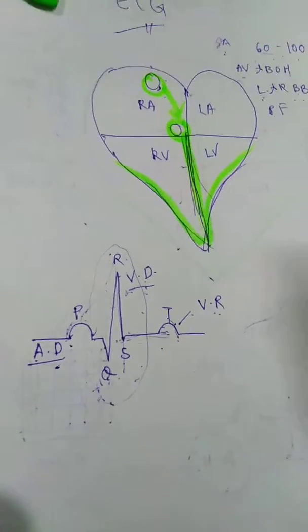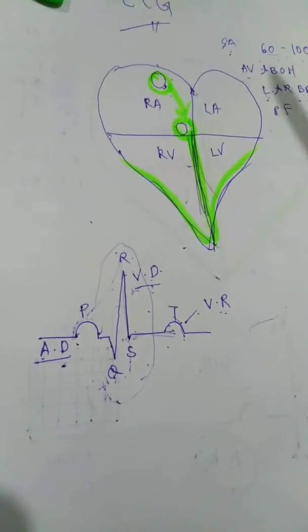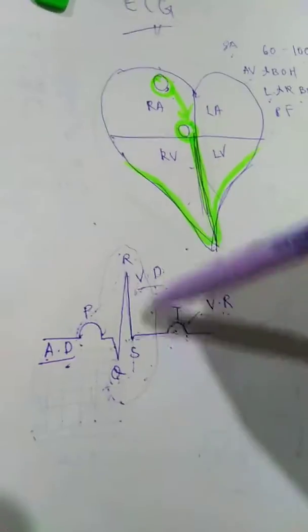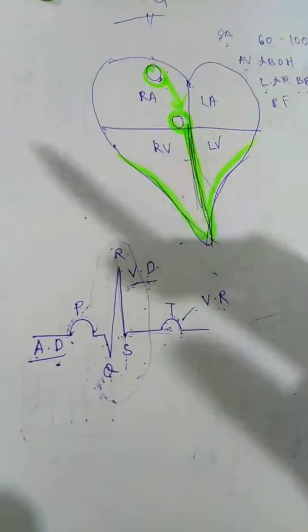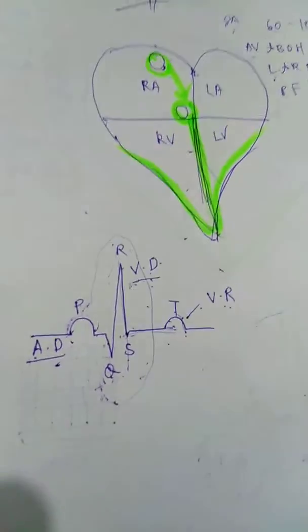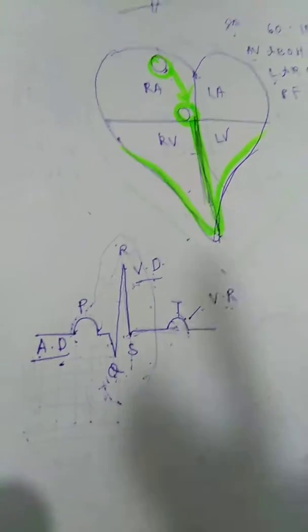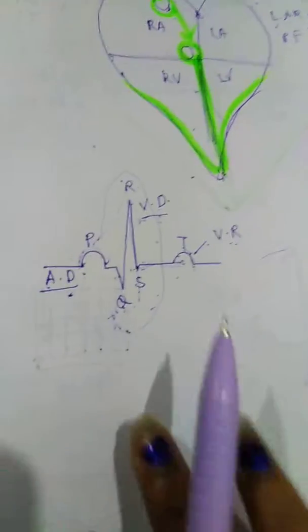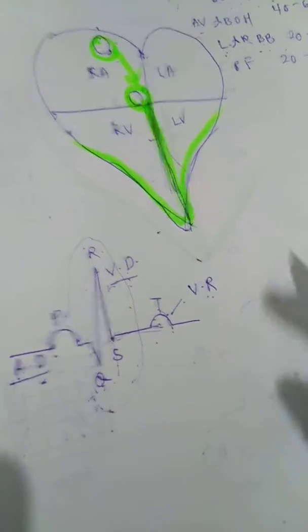That small peak of atrial repolarization is masked. Therefore it's embedded within this particular interval, and that is why you really can't see your atrial repolarization wave, right? So I hope that you understand this part, and let's move on to the number of boxes.